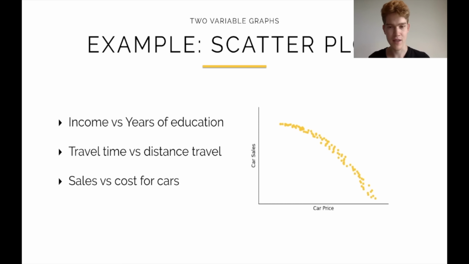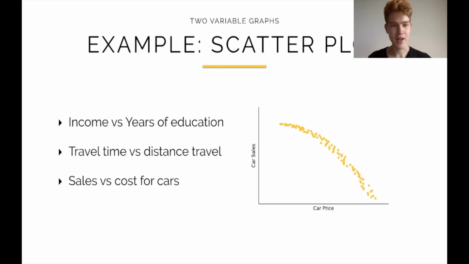And maybe you can think of that in terms of, well, the more it's priced, maybe people don't want to buy such an expensive car. Maybe they found a cheaper version of it. So maybe it's just a branding thing, which is why it's more expensive. Maybe there's something just as good quality that's cheaper. Maybe people just don't have enough money. So that's probably a big factor too, that people just don't have enough money to buy these expensive cars. And so that's why they drop off. It may look a little bit different in terms of profits, but the higher the car is priced, the less we see it being sold.